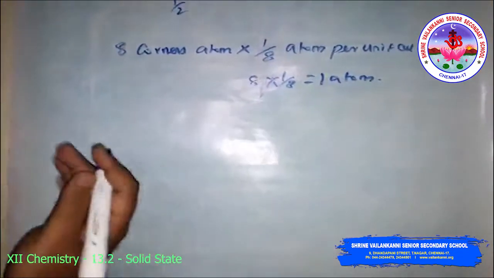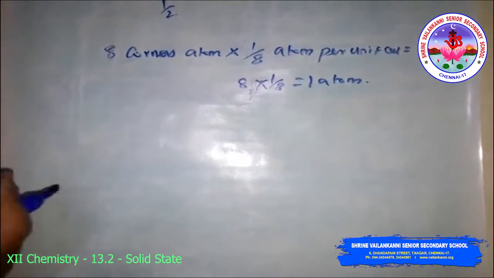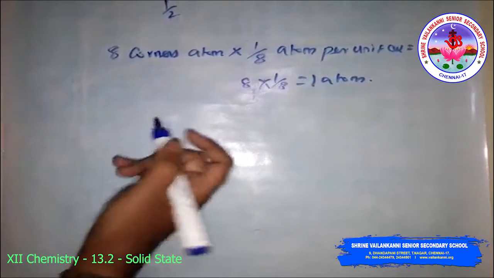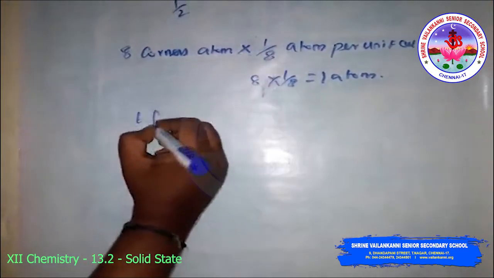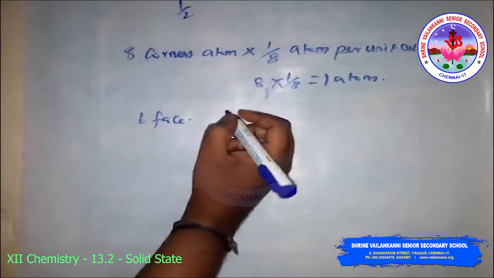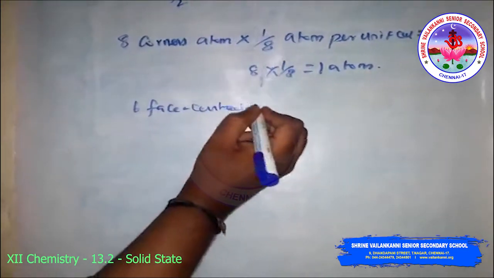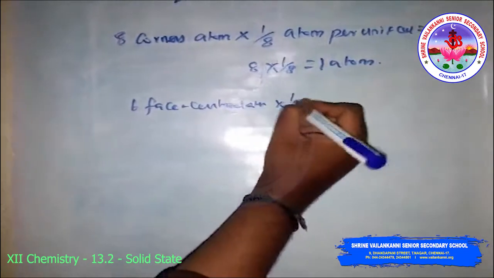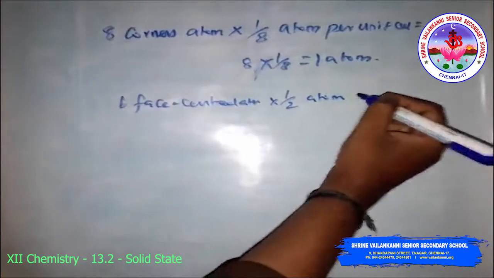Then there are 6 faces in total. So 6 face centered atoms into 1 by 2, that is half atom per unit cell.